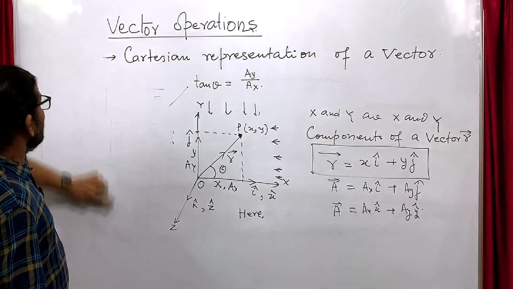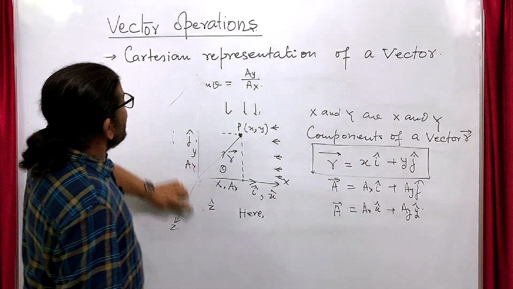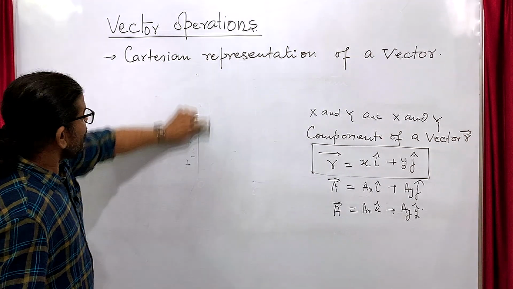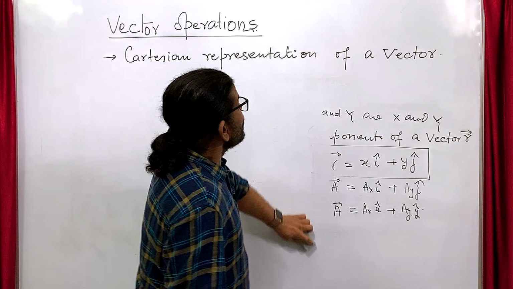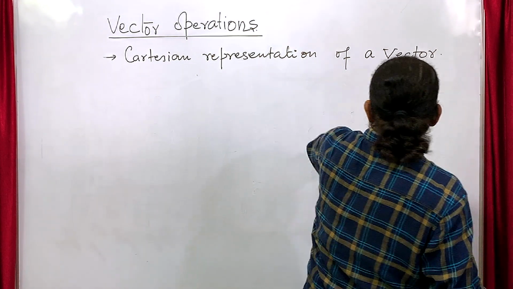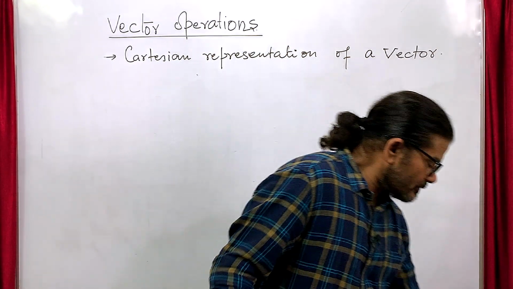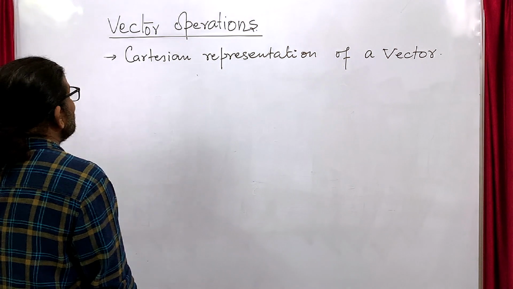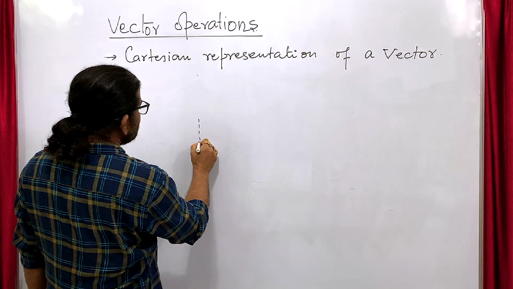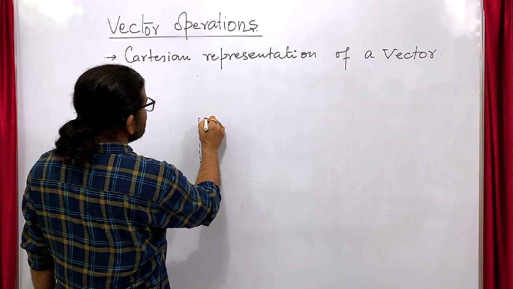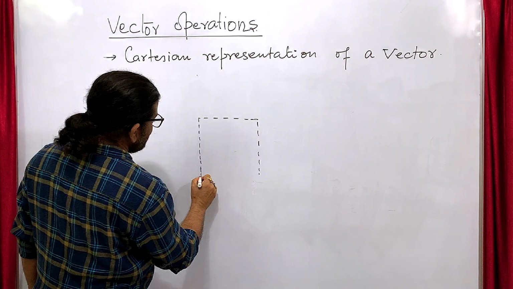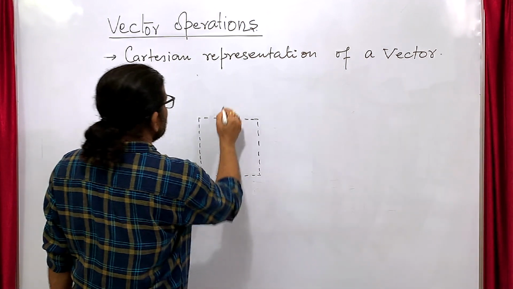Later on we will also see how we can represent a vector in the spherical coordinate system as well as in the cylindrical coordinate system. So now you see the 3-dimensional vector. Just see how I am sketching the figure.